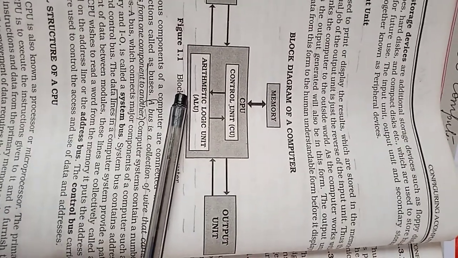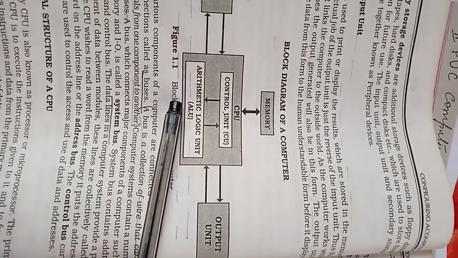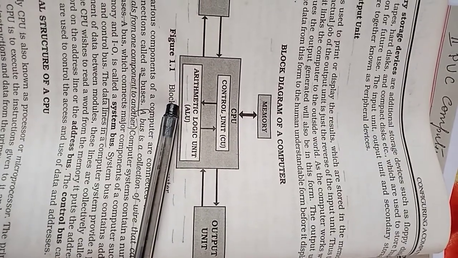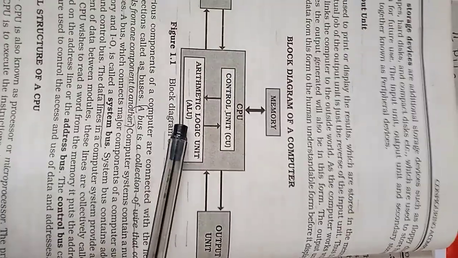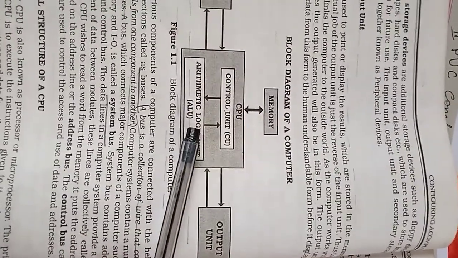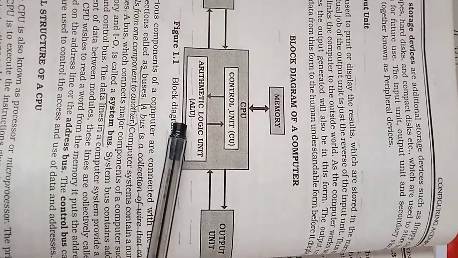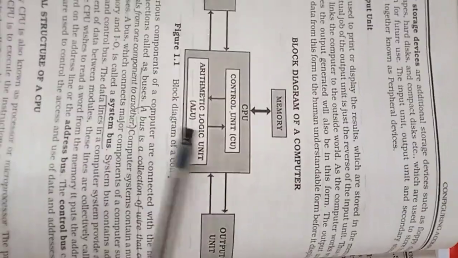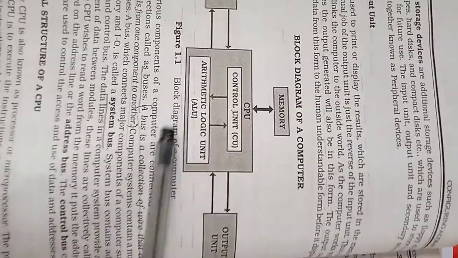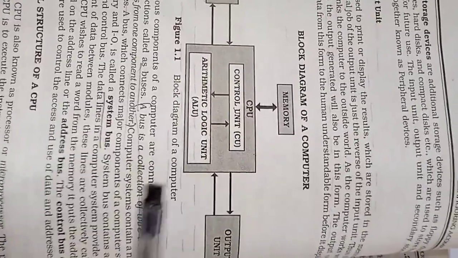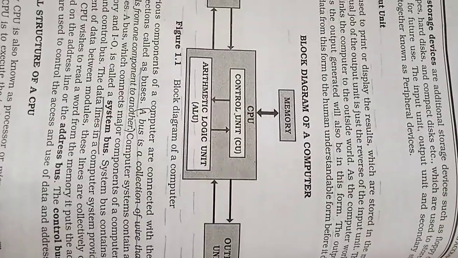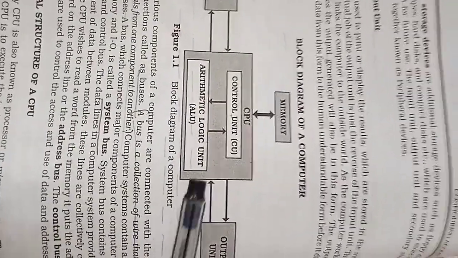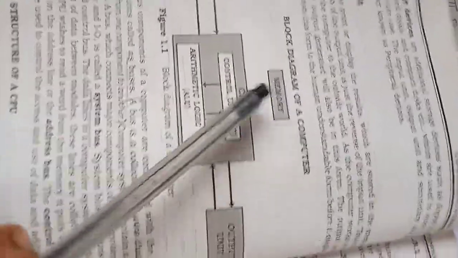The arithmetic operations are addition, subtraction, multiplication, or division. And we have logic operations like AND, OR, NOT. This year you are going to discuss the logic unit in detail, like AND gate, OR gate, NOT gate, or NOR gate. This is the structure of a CPU.